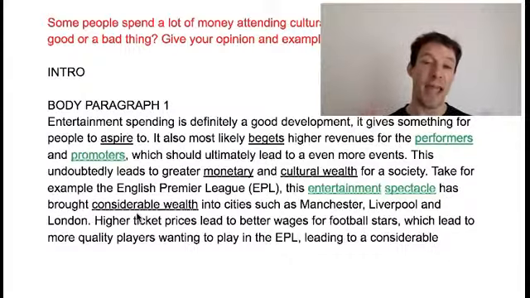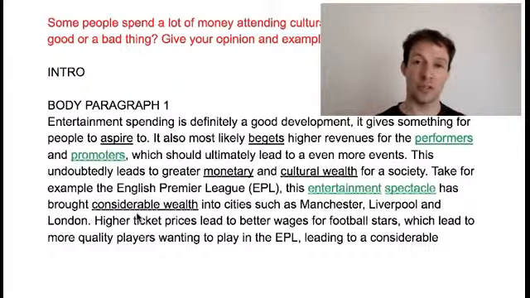But this is what we're aiming for if we want to get a band 7 or above. A solid control of vocabulary that shows a higher ability, and topic-specific vocabulary, and then using slightly less frequent, less common words is the way to go.